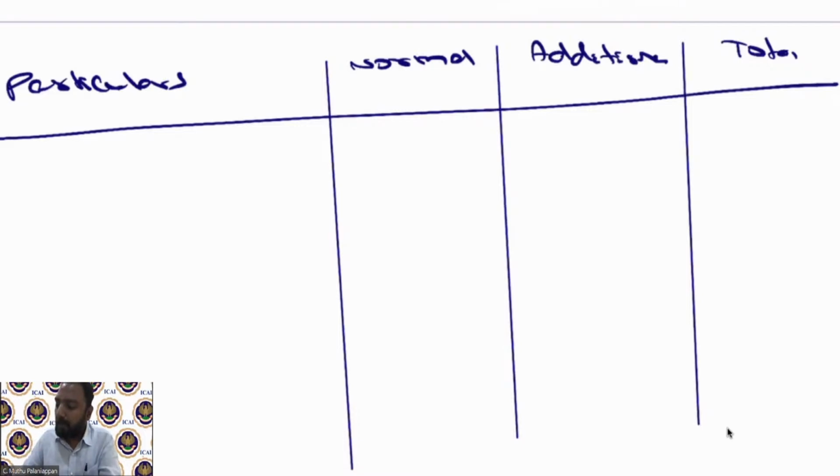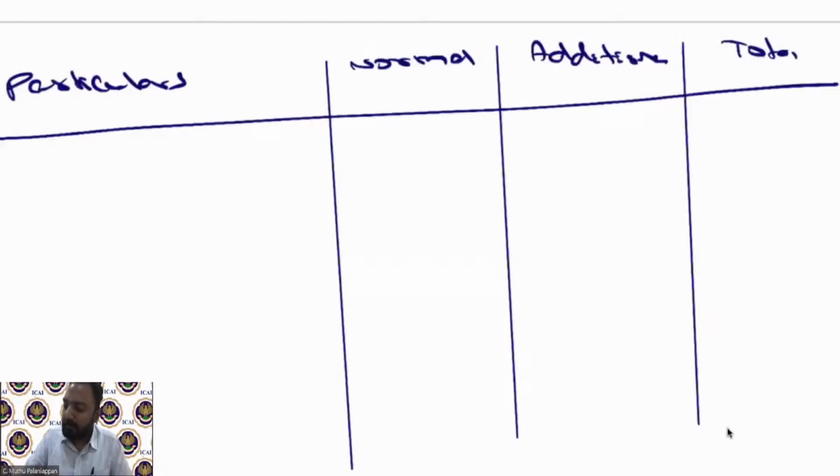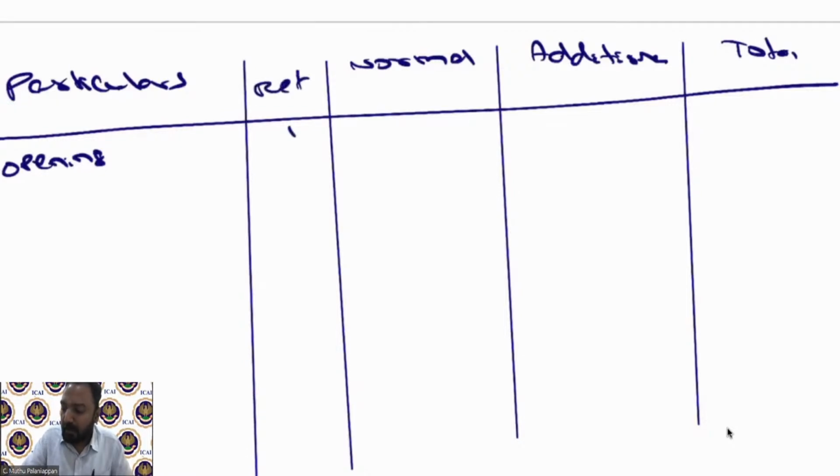So basically the first thing is the asset opening balance on 1st April 22 is 30 lakhs, correct? So opening, we'll also have a reference column. We'll call it working reference. So opening column plus addition.